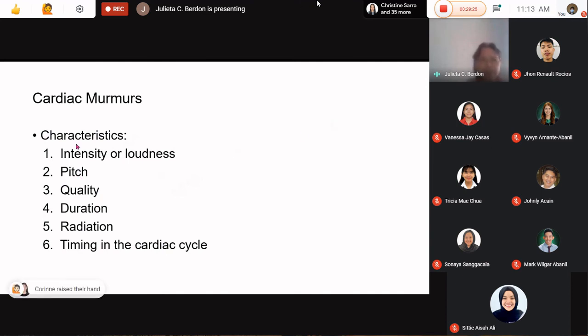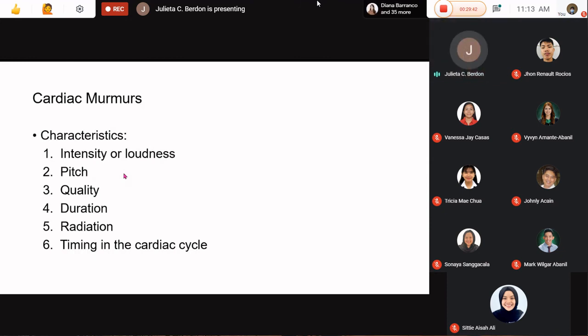When you hear a murmur, an abnormal sound like noise aside from the first and second heart sound, that is called a murmur. When you hear a murmur, you have to characterize it. Because if you characterize it, somehow it will tell you where the defect is, which valve is defective.